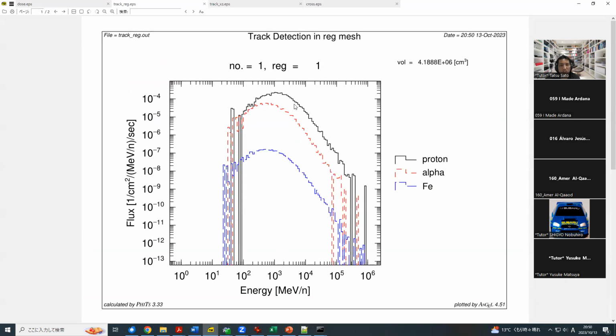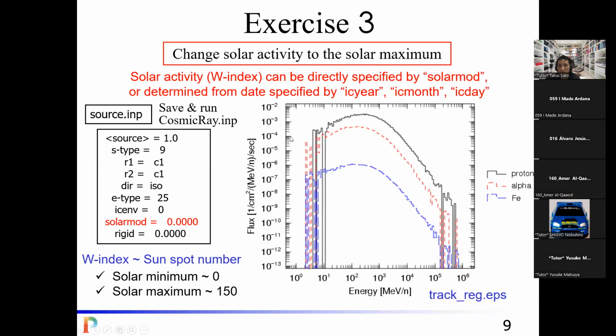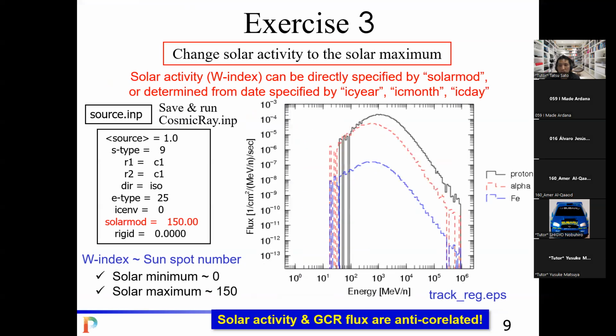Then you will see the decrease of low energy flux. So if you compare, this is the solar minimum case, and if you change to 150, the low energy flux decreases very much because solar activity and the GCR flux are anti-correlated due to the solar wind.